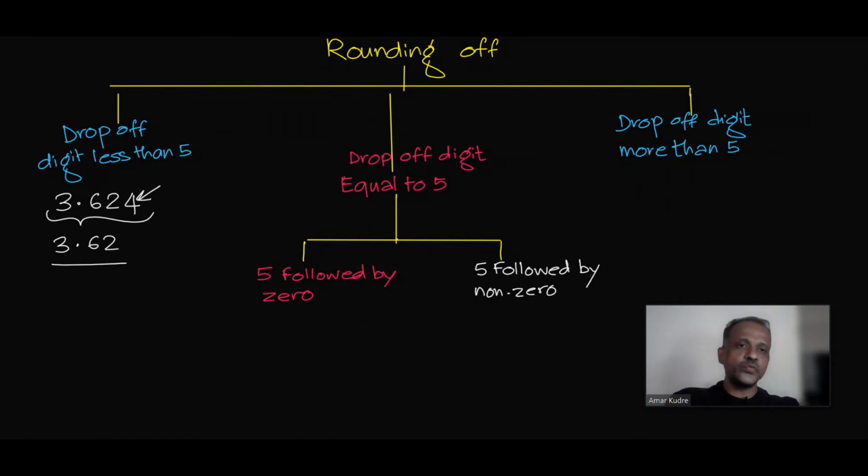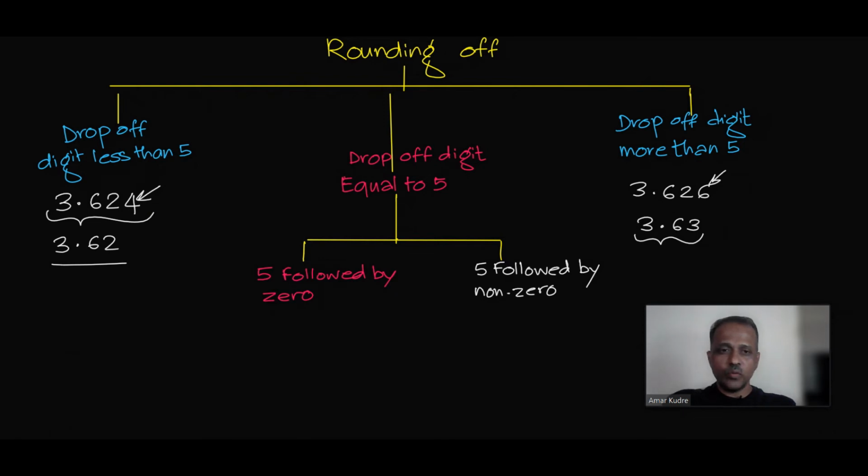And if the number would have been 3.626, we have to drop a digit which is more than 5, here the digit 6. You all know that if the digit dropped is more than 5, then we increase the preceding digit by 1. So rounding off gives 3.63.